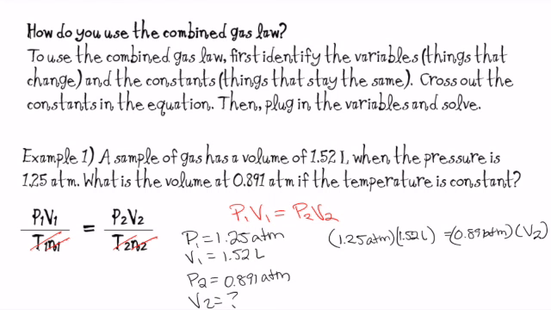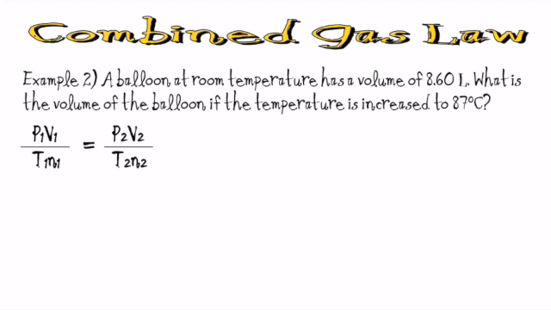So we're going to divide by pressure on each side so that we can get V2 by itself. So V2, when you solve, equals 2.13 liters.